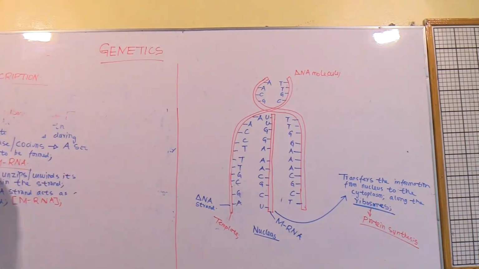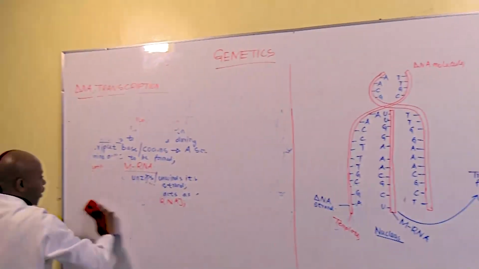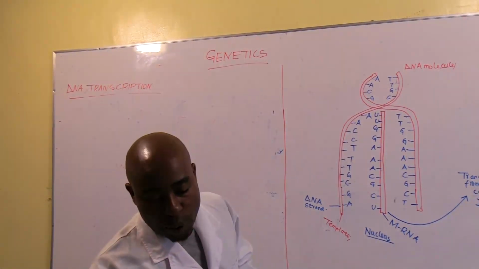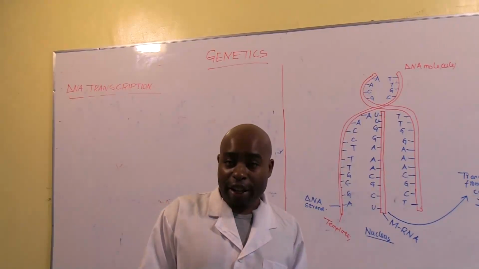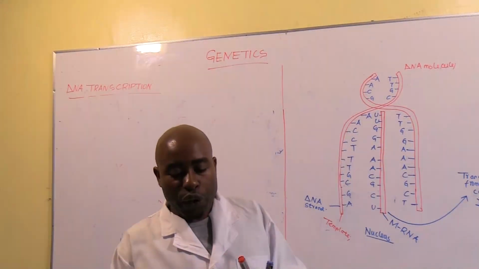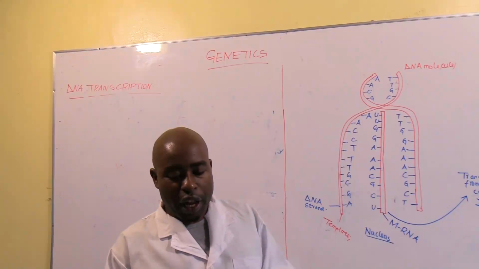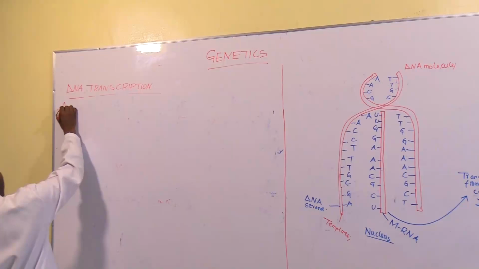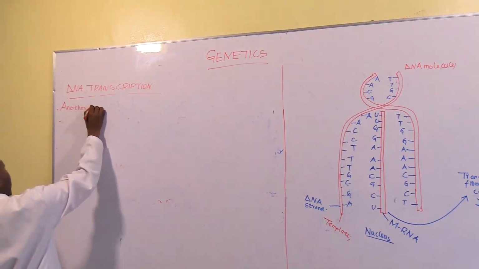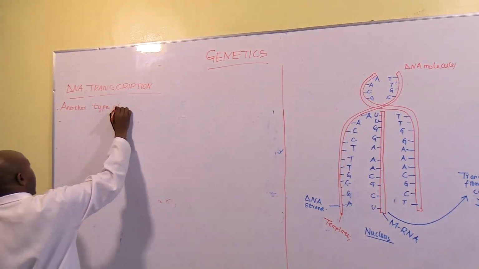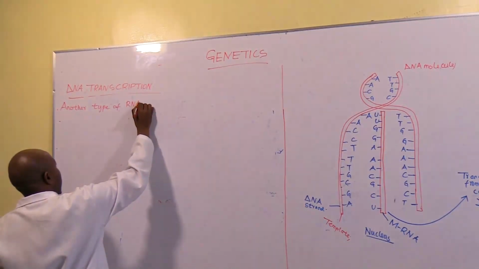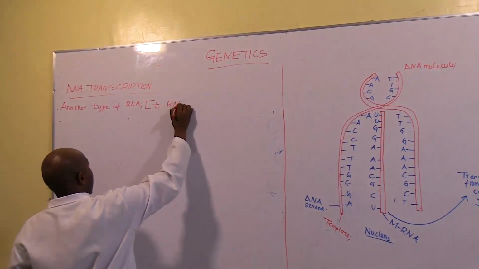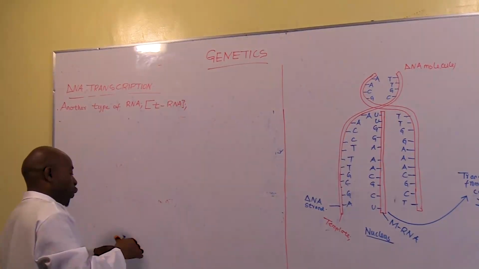Once the coded information is within the cytoplasm along the ribosomes, another type of RNA, the transfer RNA, tRNA, uses the coded information from messenger RNA, the genetic information from the DNA in form of codons.